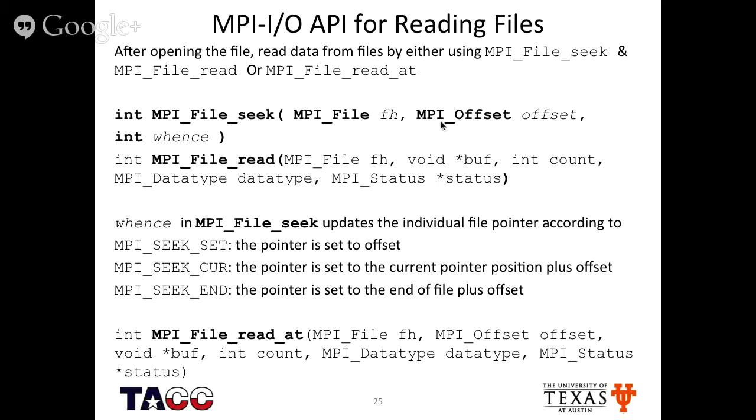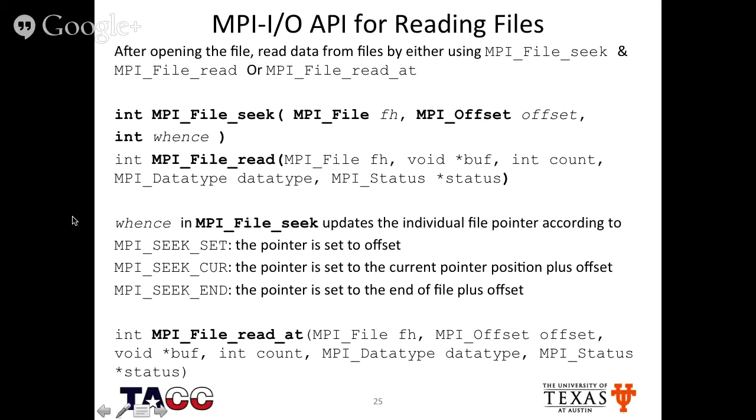Then there's an argument called whence. Whence updates the file pointer in one of 3 ways: MPI_SEEK_SET, SEEK_CUR, or SEEK_END. Basically, the pointer is set to the offset, or to the current position plus offset, or to the end position of the file plus offset.